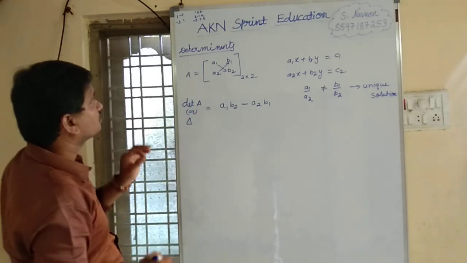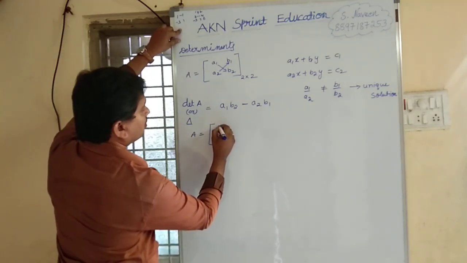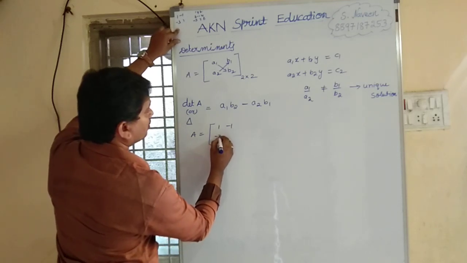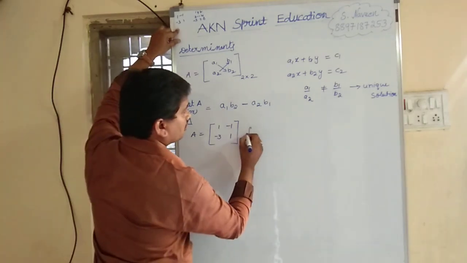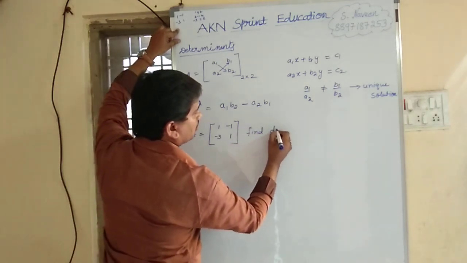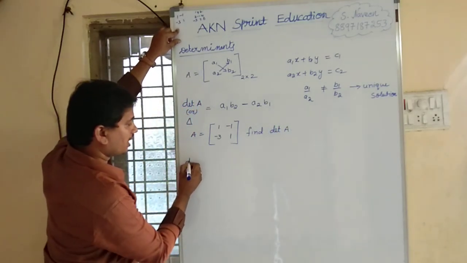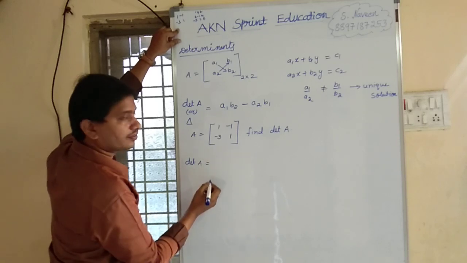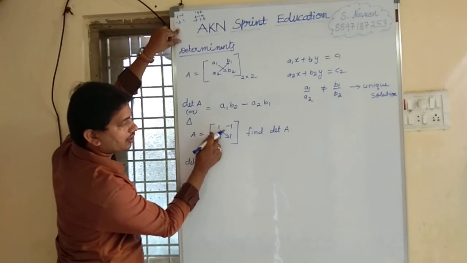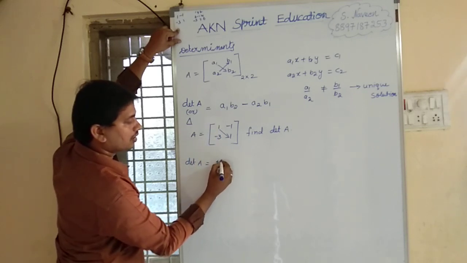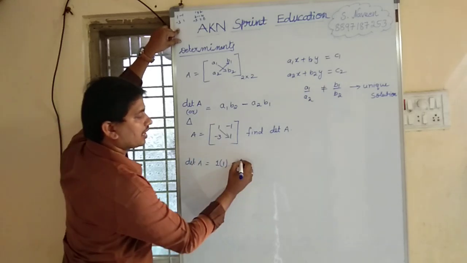For example, consider a matrix 1, minus 1, minus 3, 1. Find the determinant of A. So det A is equal to, children, here this is our a1 and this is b2. 1 into 1, 1 into 1, minus a2 b1.